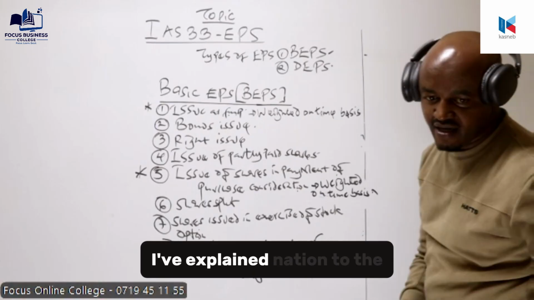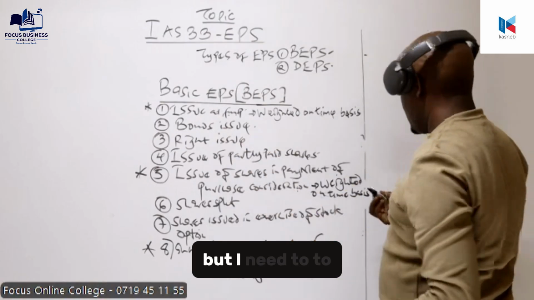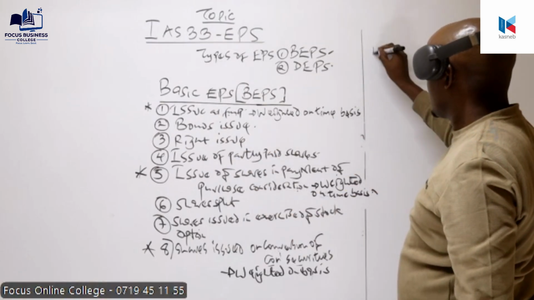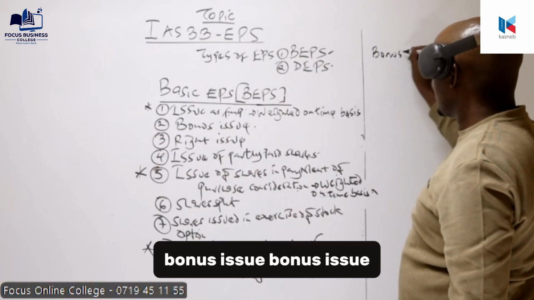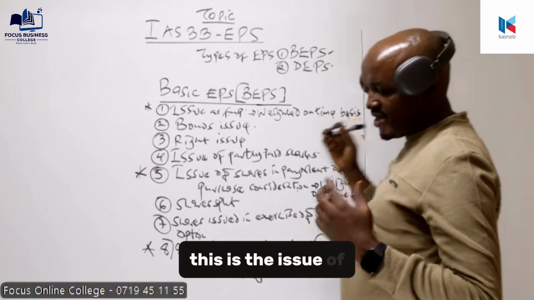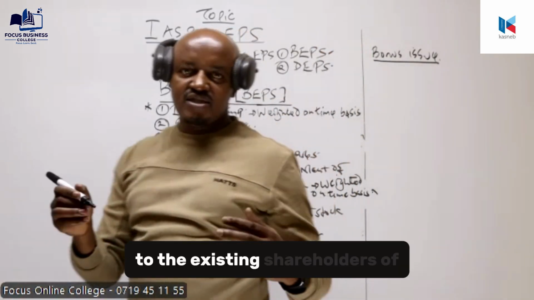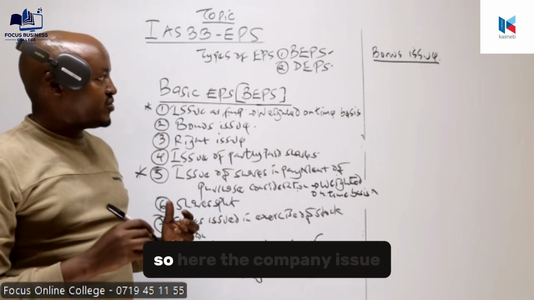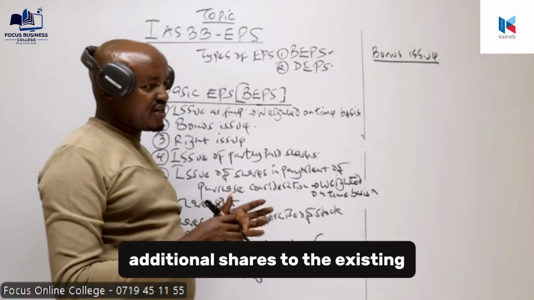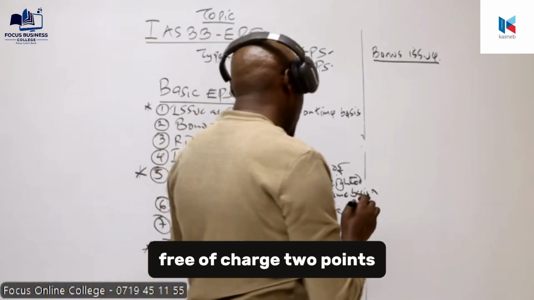There is something I've explained in relation to the bonus issue, but I need to add something else. Bonus issue, remember you have said, this is the issue of additional shares to the existing shareholders of the company free of charge. Two points to note here.